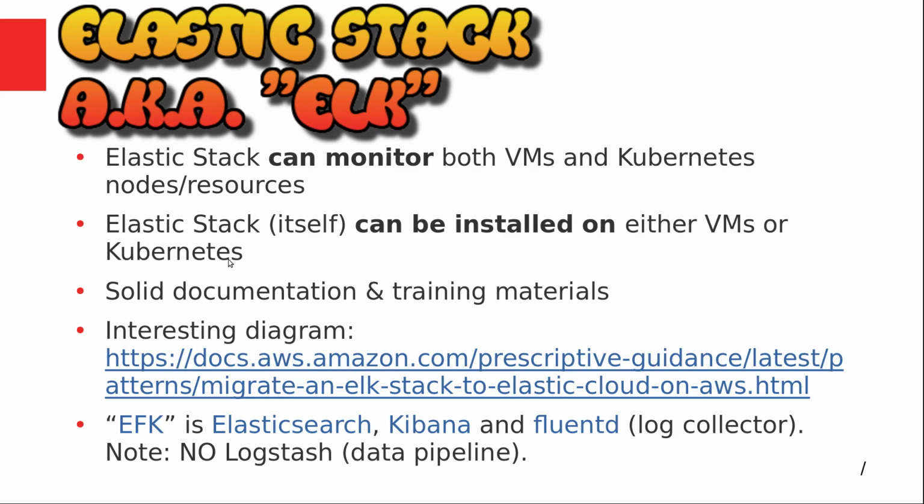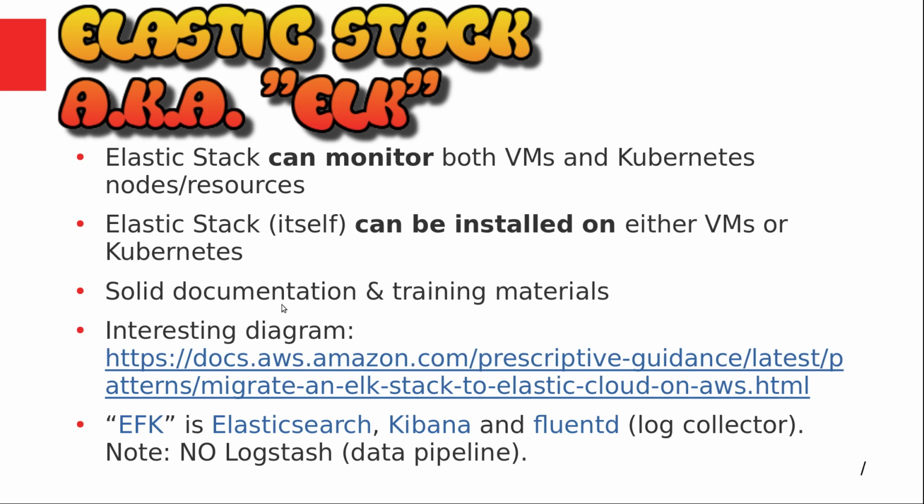There is a new Kubernetes product. It has an operator as well. It's called Elastic Cloud on Kubernetes. So it doesn't matter which way you do it. You can have it installed on VMs and monitoring Kubernetes. You can have it installed on Kubernetes and technically monitoring VMs. You can have it both ways, every single way you want it.